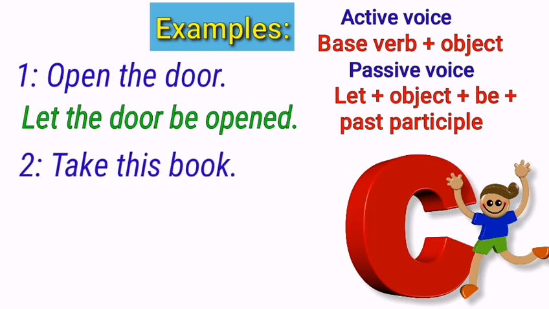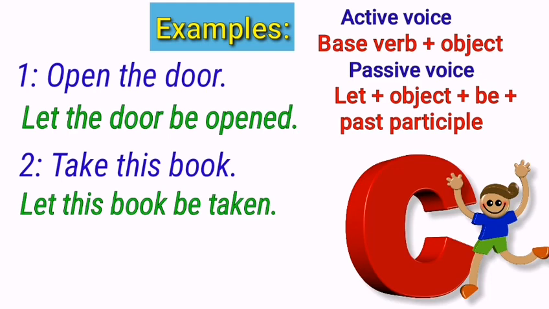Take this book. Look at this active sentence, it can be changed into passive according to the structure like this: Let this book be taken. Again, first we have written let, then the object, this book, and then be, and then the past participle. So this is the passive sentence of this imperative sentence.